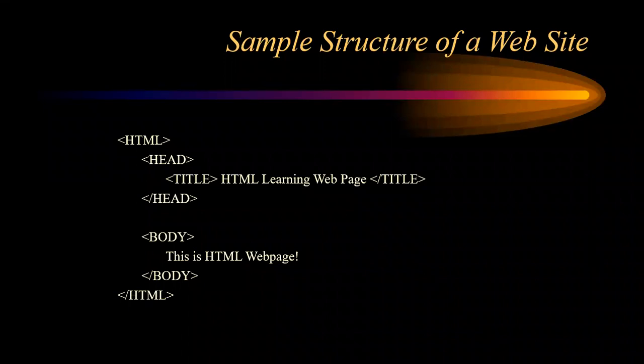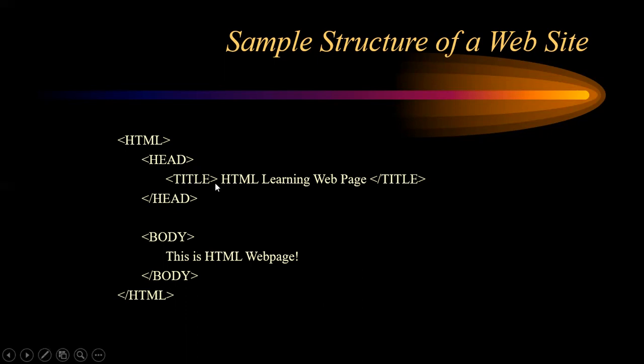So this is your first starting tag, and in this starting tag, we will write all the tags for the document designing. Inside the HTML tag, we divide the main document into two main parts, the head section and the body section. Inside the head section, we type the title tag.